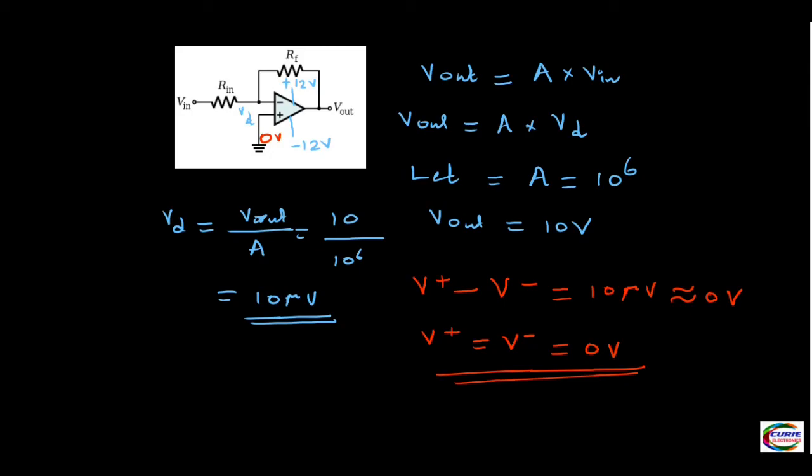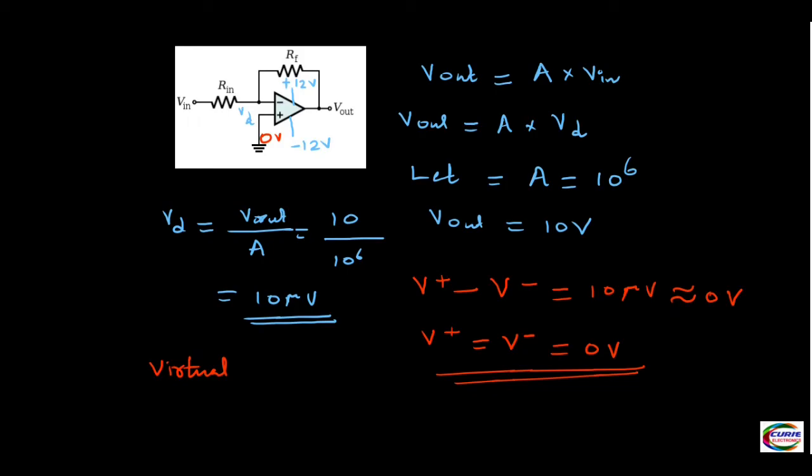See, the inverting terminal is not actually connected to ground, but it is acting like ground. That is what virtual means. All of us know what is virtual gaming, virtual reality. It is similar.